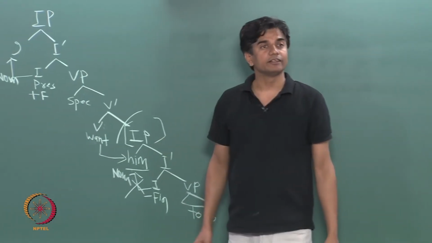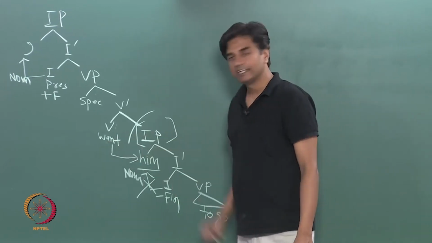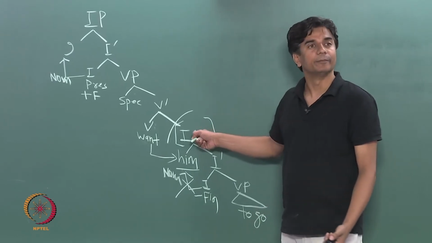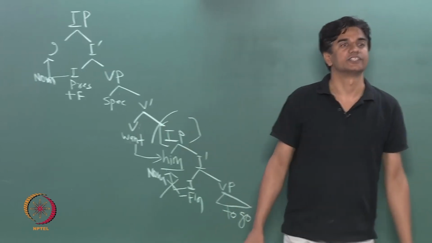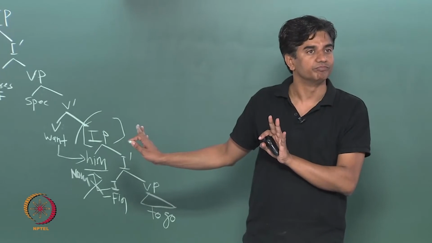But we see something beyond this happening, which is V actually does not care for this kind of a barrier and, violating the barrier, it still assigns accusative case to this. That's the only way we can explain this problem.